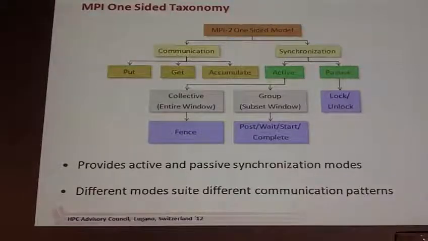There are different ways, active versus passive. Active means both the processor or the group of processors participate in that synchronization. Here you can do it either through fence or through post, wait, start, complete, or the newer model called passive. That means while you are doing the computation, I can do a lock or unlock.